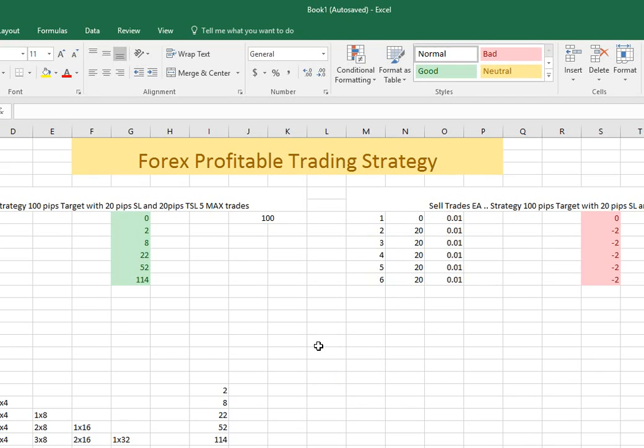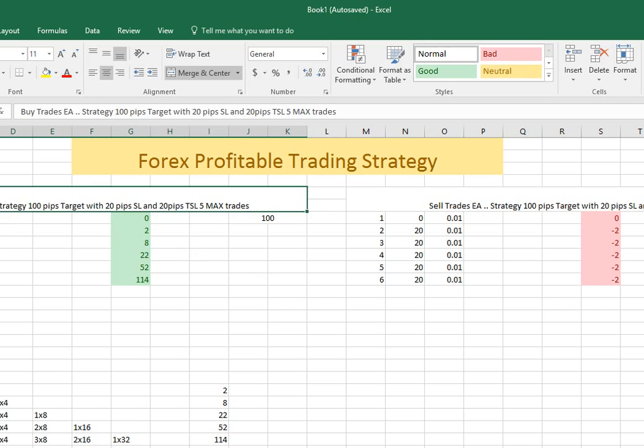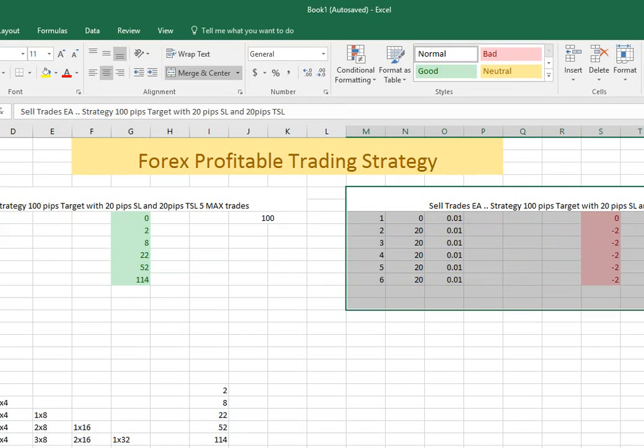This strategy actually consists of two strategies, the same strategy but running in parallel. The first one is only buy trades, and this one here is the same one but only sell trades.